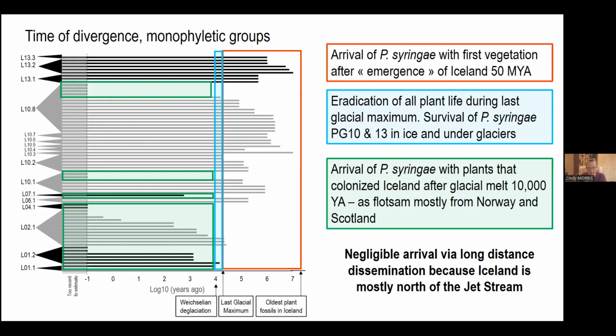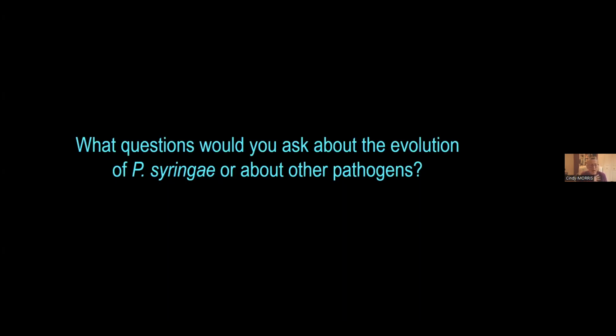It's a very odd case. But mostly their Pseudomonas syringae isn't transported there because the main air masses that move Pseudomonas syringae around the planet just don't go far north enough. Most of Iceland is in the Arctic Circle of air movement. And so that's how they stayed apart. So here's my last slide.